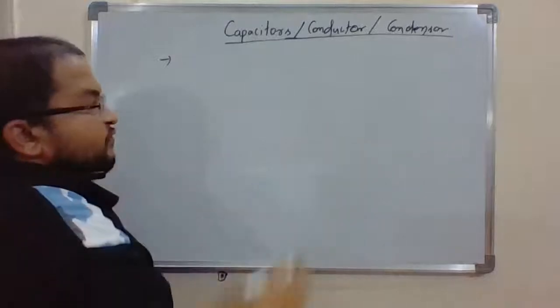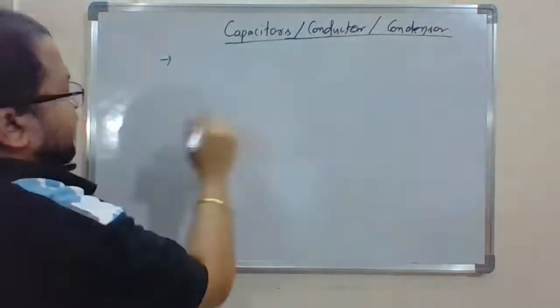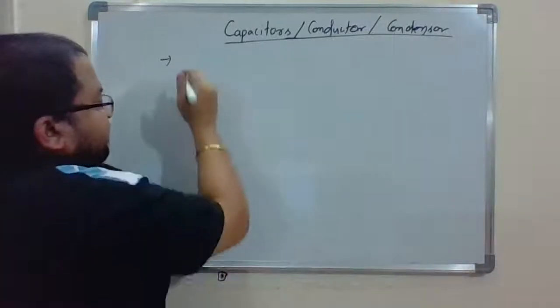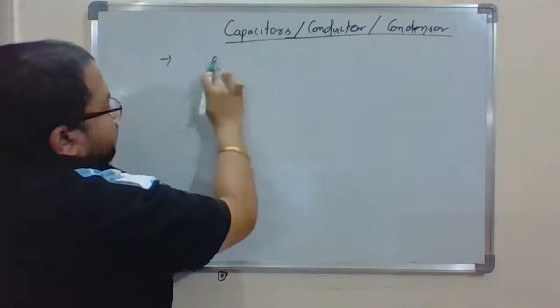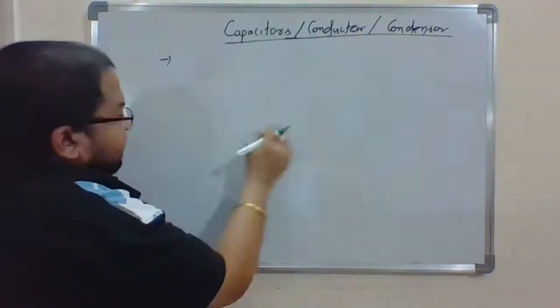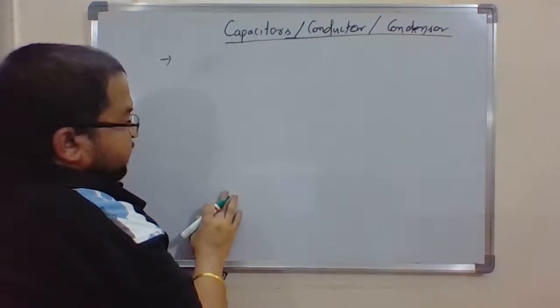Now, from a definition perspective, the way a capacitor is defined is, okay, let us just see one more analogy, and then we will go to the rest of the things, right?